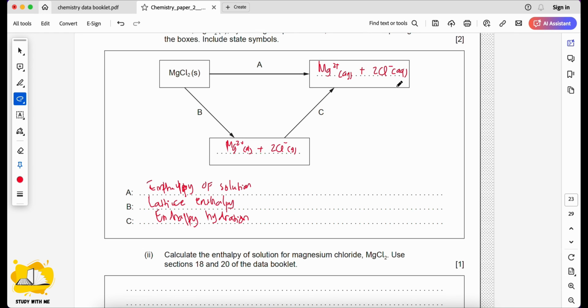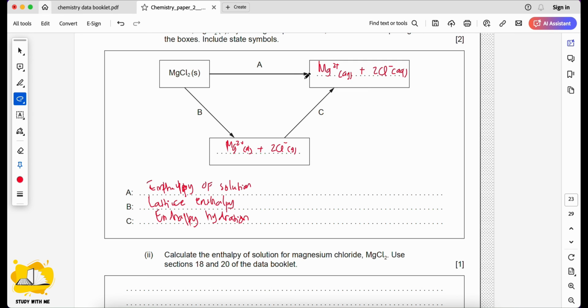So what is enthalpy of solution? It is when an ionic compound dissolves completely in water, so it will be ions in the aqueous state. That's why it's enthalpy of solution. It will be dissolved in a solvent, so that's why both are aqueous.